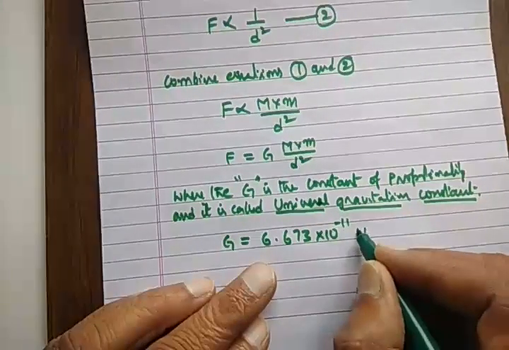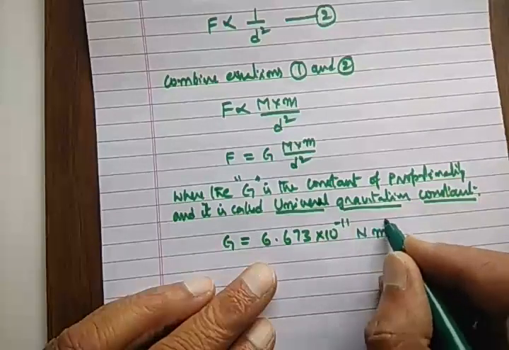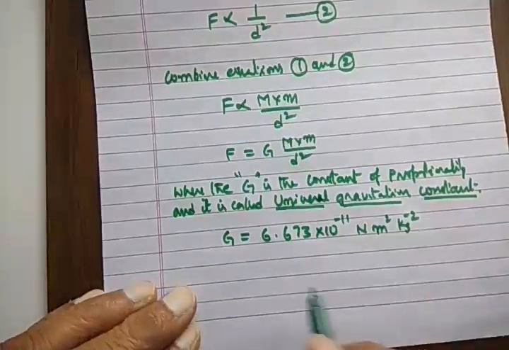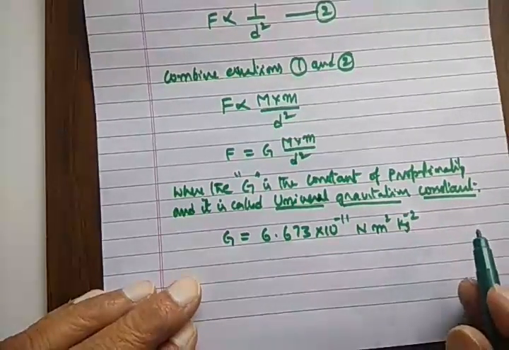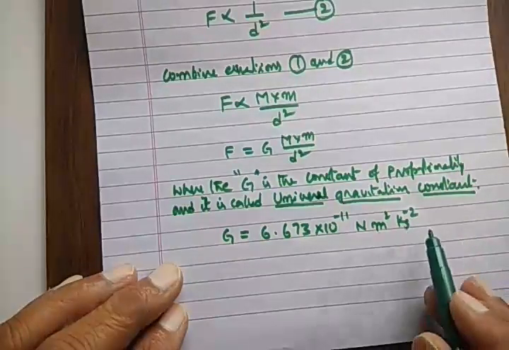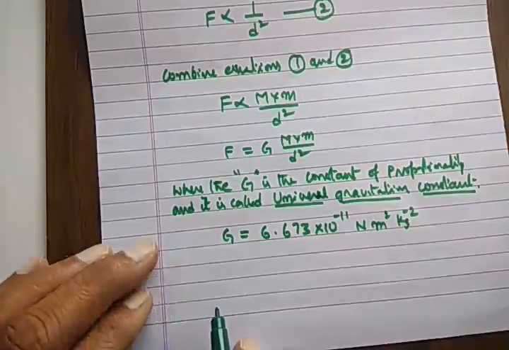So it is Newton meter square kg to the power of minus 2. Okay, this is the value of universal gravitation constant. So how these units have come, that we will see here.